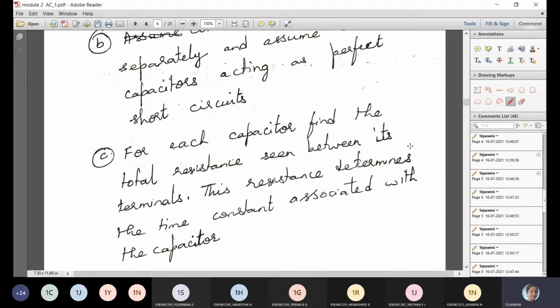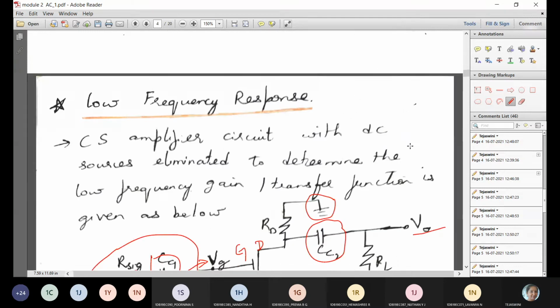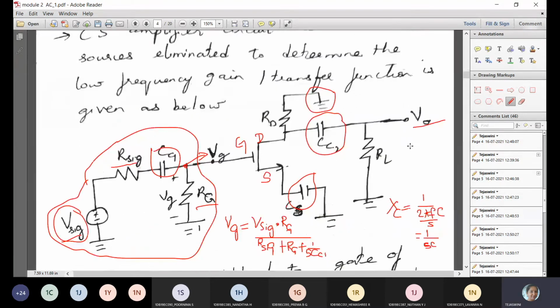Similarly, at the drain terminal, CC2 is connected to the drain terminal. Just observe in the circuit. At the drain terminal, how many resistances can you find? 2.